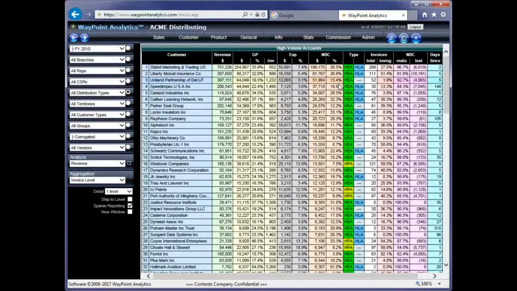This account only 12 cents. This account 11.9. Only 8.7 cents of every dollar gets to the bottom line on this account. Meanwhile, we get 33 cents of every dollar to the bottom line on this account, or 28 cents.